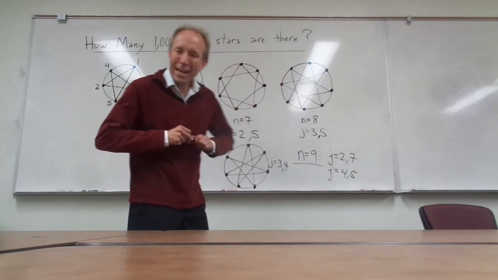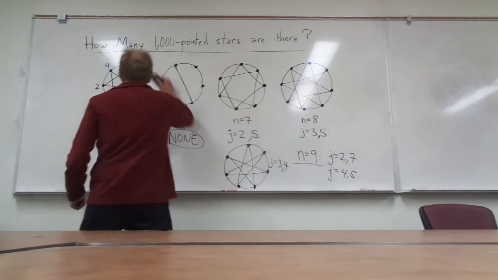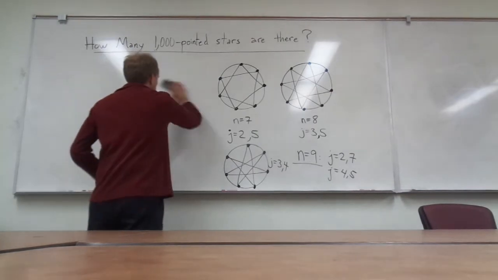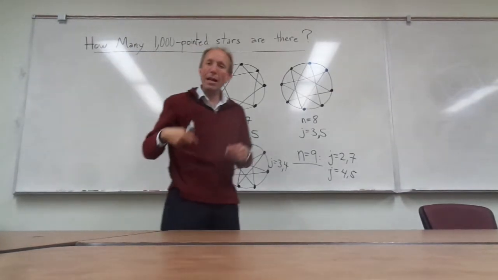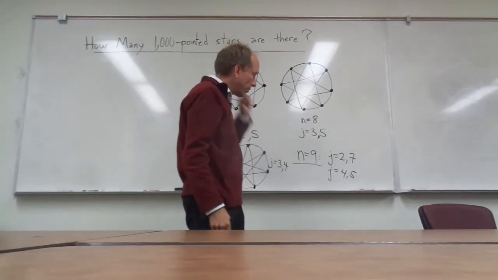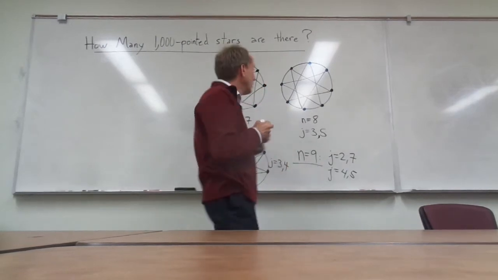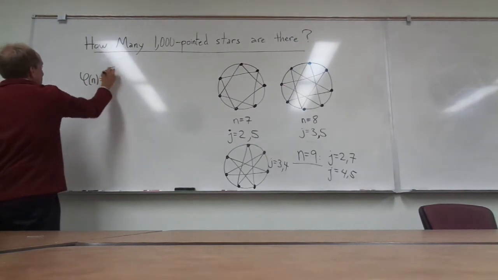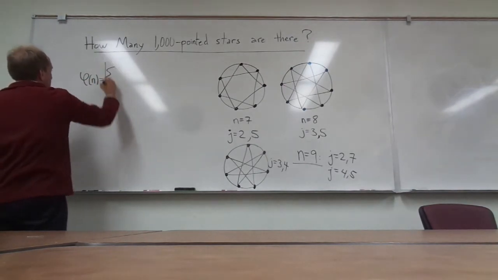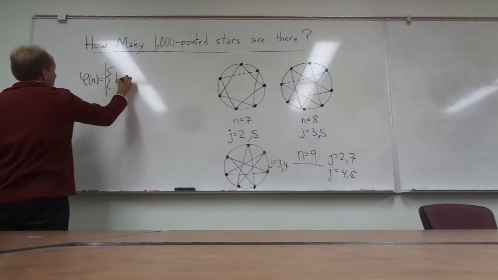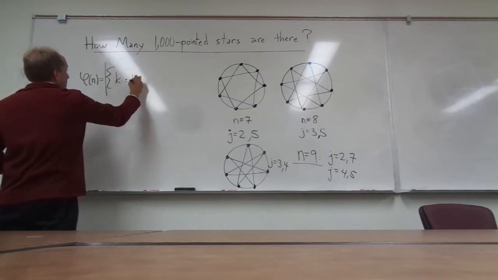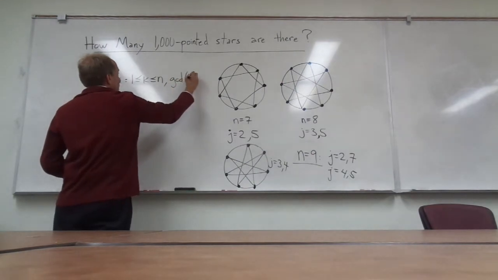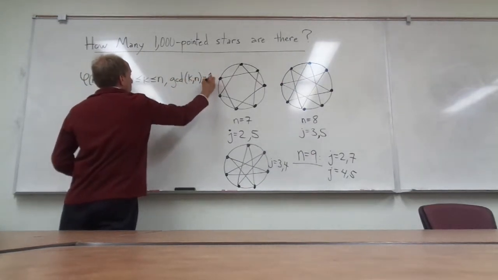So I hope this is giving us the idea of how we can find the number of 1,000 pointed stars. We're certainly not going to draw them all, but we need to figure out how many numbers are relatively prime to n. And there's actually a function for that. It's called phi of n. This is really the size of the set of k, where k is between 1 and n, and the greatest common divisor of k with n is equal to 1.